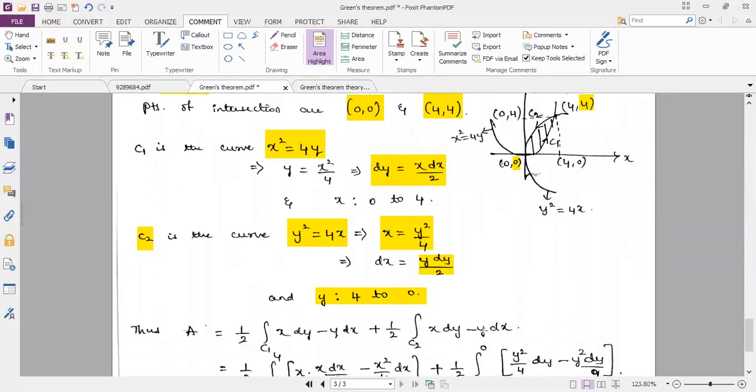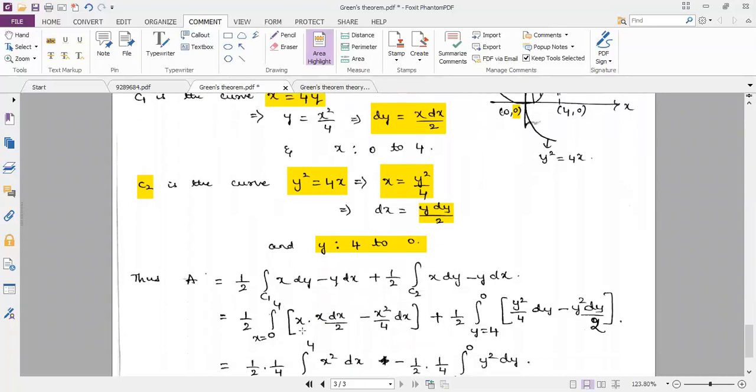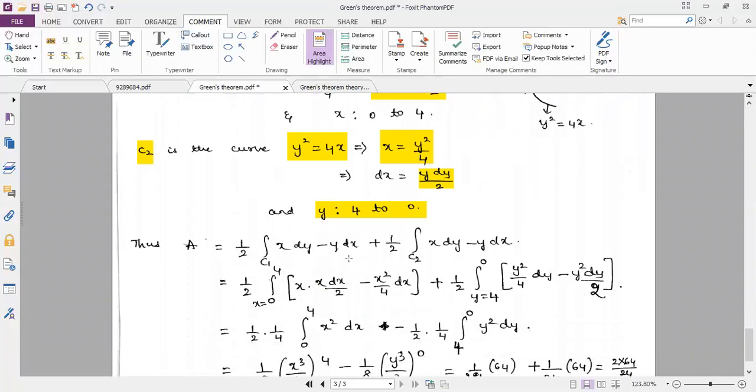Now the area A will be equal to half of integral over C1 of x dy minus y dx, plus half of integral over C2 of x dy minus y dx. The entire area is considered for both the curves, or both the parabolas C1 and C2. Half is a constant, writing it down as it is.